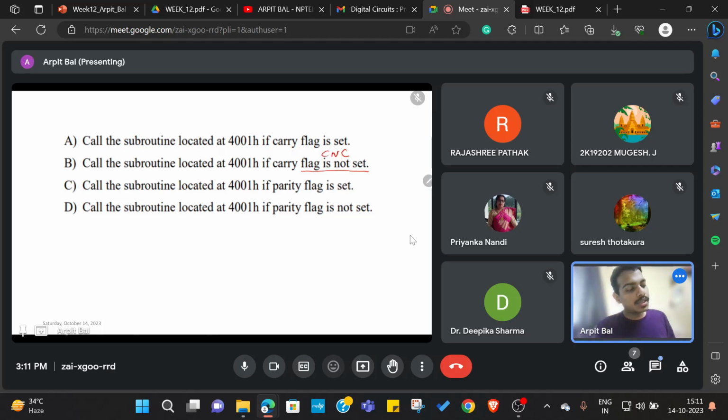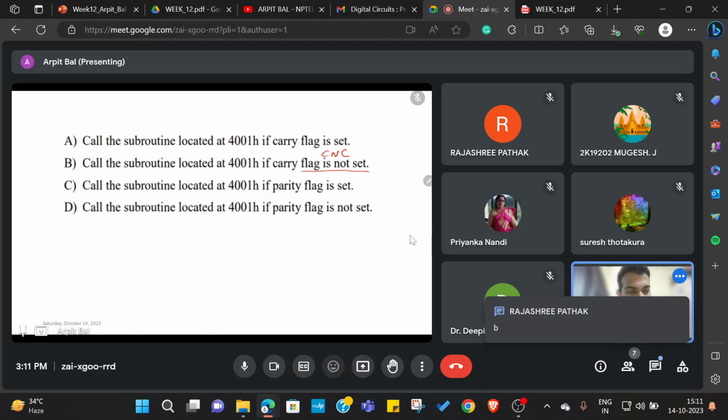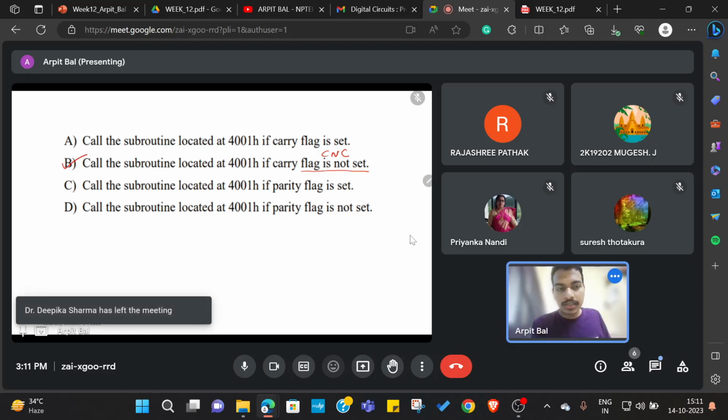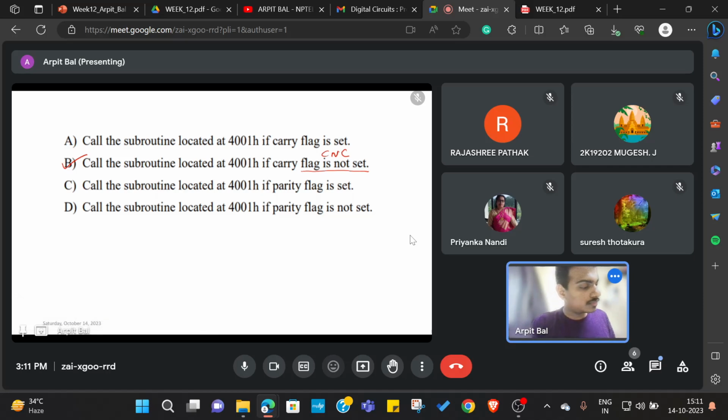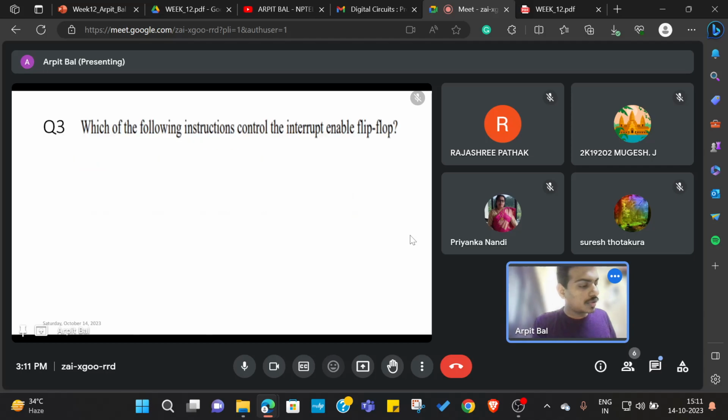So 4001H is the location. Yeah, option B is the correct answer. 4001H is the location where that subroutine is located. Okay, which of the following instructions control the interrupt enable flip-flop?